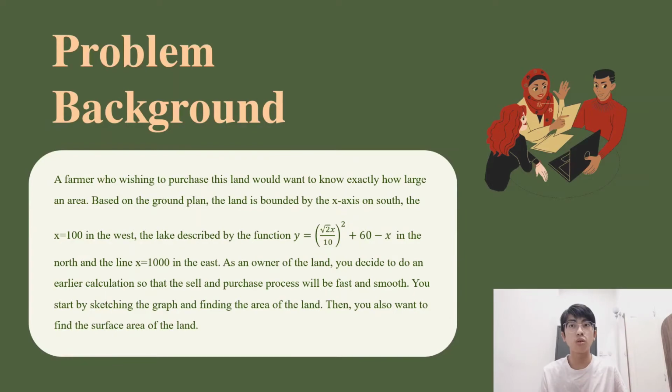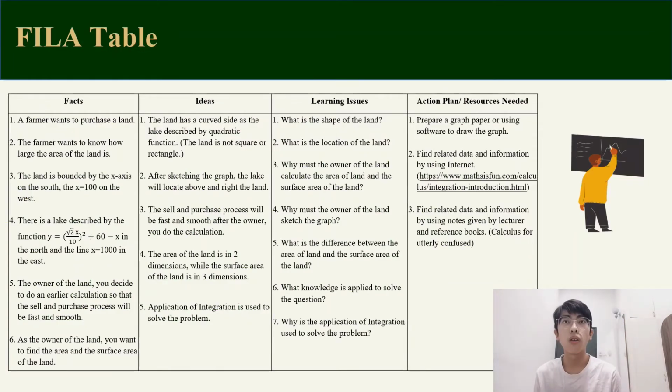Next, we proceed to the final table. So, facts. Number 1, a farmer wants to purchase a land. Number 2, the farmer wants to know how large the area of the land is. Number 3, the land is bounded by the x-axis on the south and x equals 100 on the west.